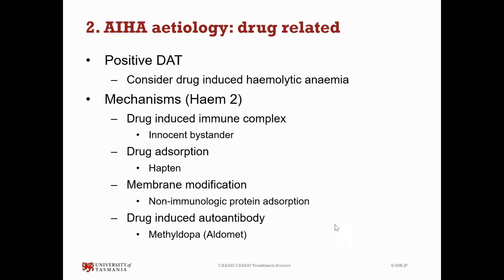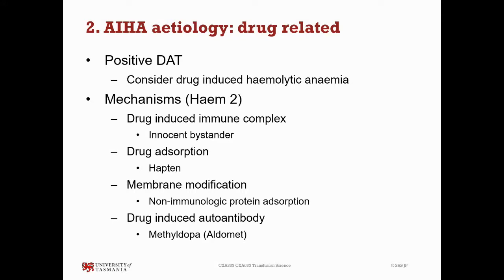And then membrane modification is really quite an interesting mechanism, because there's no antibody per se that is made. The drug is again adsorbed onto the red cell membrane, and it modifies the membrane, which allows complement to bind.